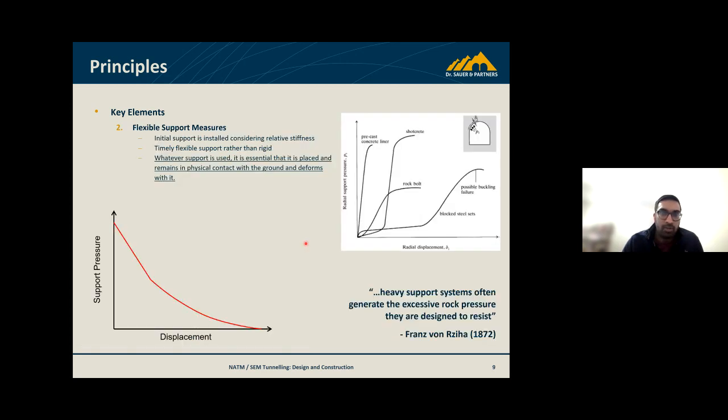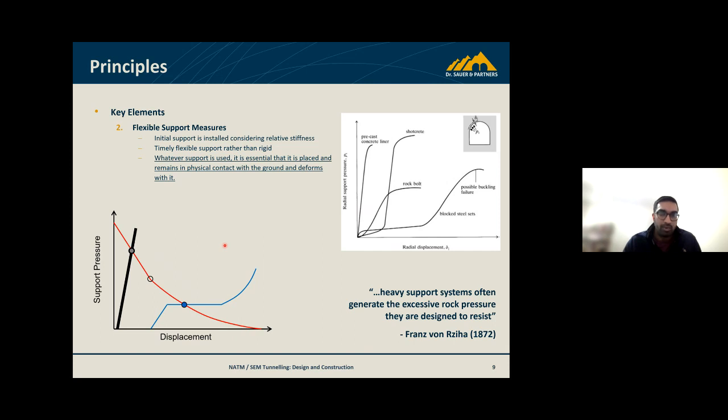The flexible support measures that we're utilizing have to lie in a key location on this ground distribution curve. We have displacement of the ground and support pressure that we're looking at. You can either go really high with the support pressure and limit the displacement, or go lower with the support pressure and have higher displacements. Essentially you want to find that middle ground sweet spot.